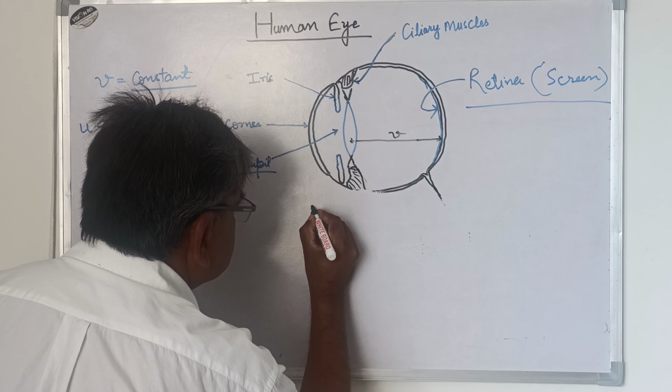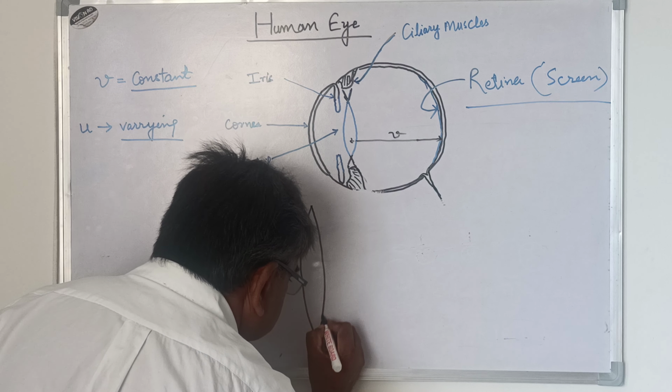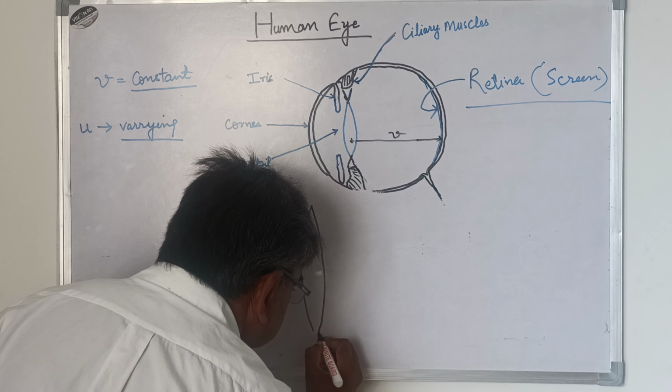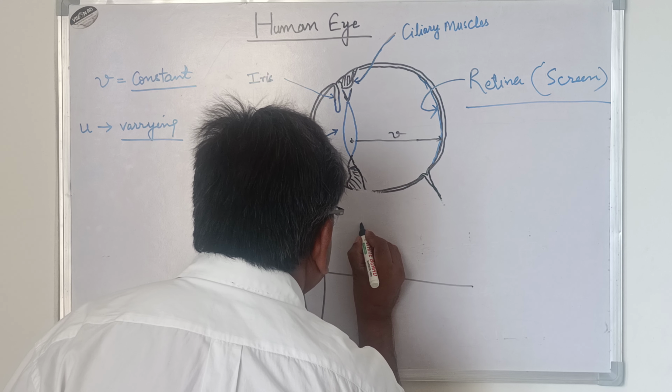Suppose this is the lens in the normal case, no action, the ciliary muscles are relaxed. Now we see an object which is very near to our eye. We need the focal length to be less, so this lens is compressed, and it achieves this form.